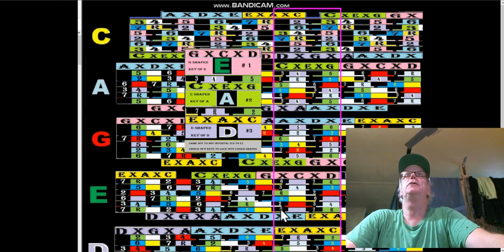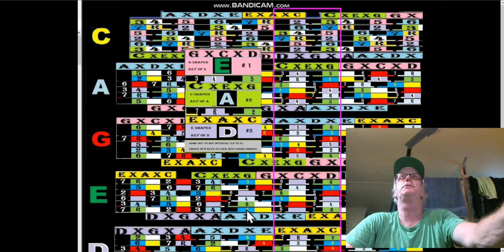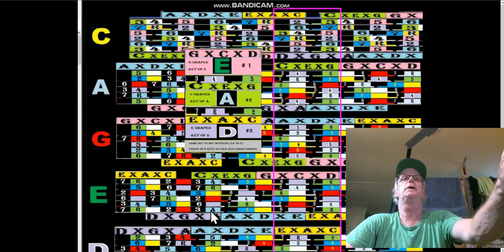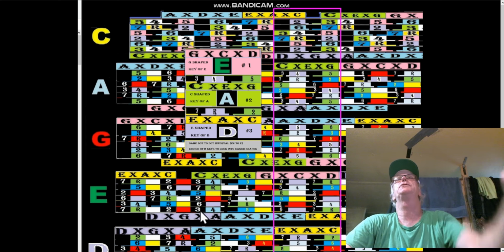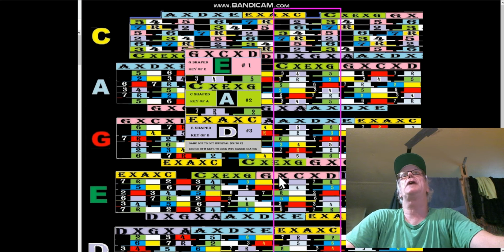So then we would go from a G shape up to an A shape, which would be to the 5, 6, up to a C shape, which would be to the 3, 4, 5, up to a D shape, which would be 2, 3, 4, and then up to an E shape, 7 root 2. So this is what we would play from entering the fretboard from here.